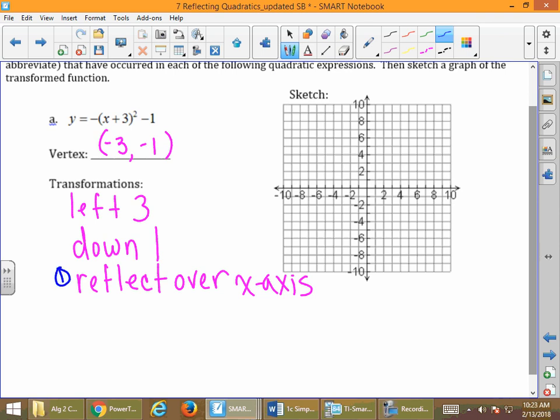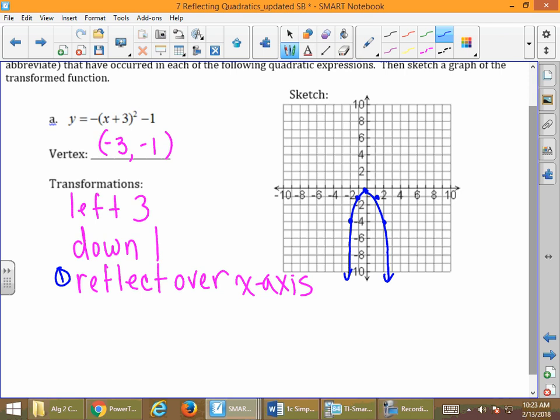So when we draw our picture here, we really want to reflect it first. To reflect it, it would be the (0, 0). And then remember, that's going to turn us upside down. So we're going to go 1 to the right and 1 down, 1 to the left and 1 down, 2 to the right and 4 down, 2 to the left and 4 down. That's the reflection.